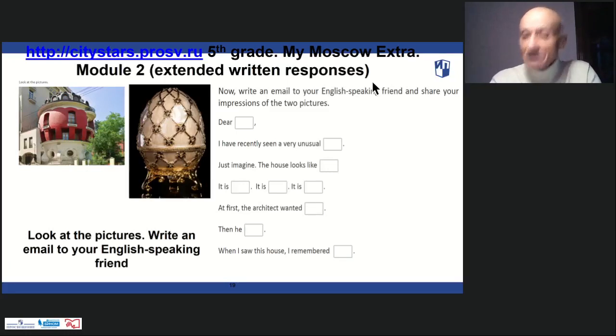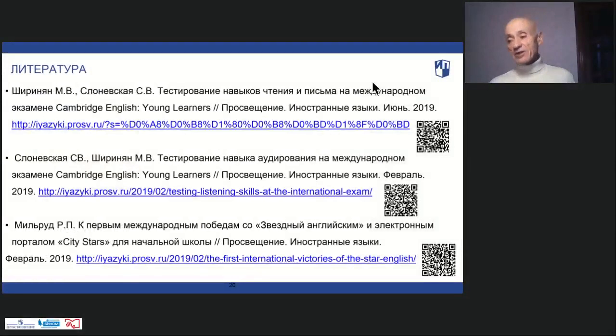It is, and so on. They have to think what they will write here. The answers can be either limited in length or not limited. That depends on the task that the teacher has in mind, and it depends on the level of the students.